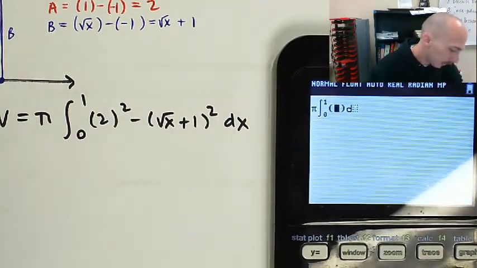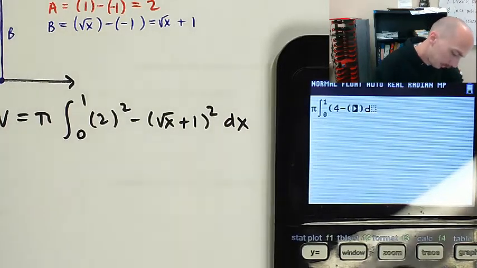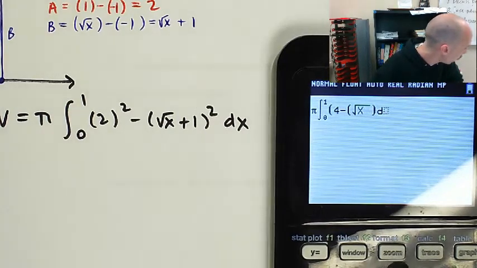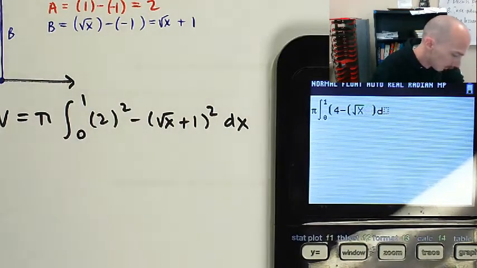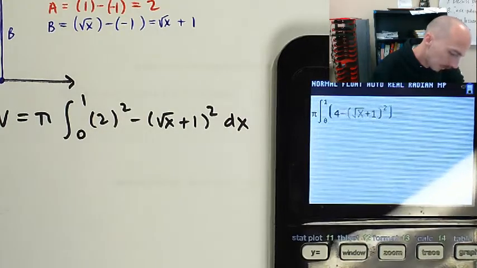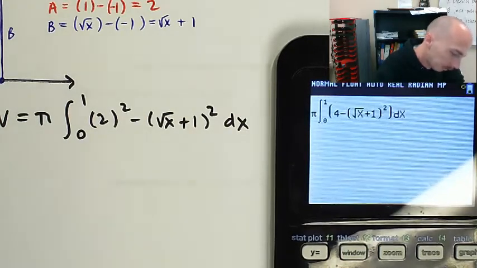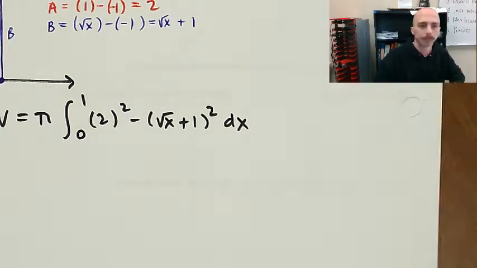Oftentimes these problems allow the use of a calculator. All of these problems can be solved without the use of one. That may be a lie. At least all of the ones on this page, 1 through 13, can be solved by hand, but to save myself some time, I'm going to do this one and maybe a couple others with the calculator. Okay, and I get 3.665.